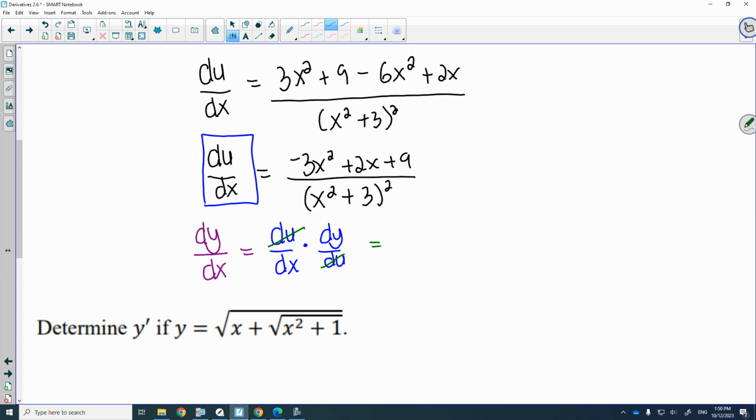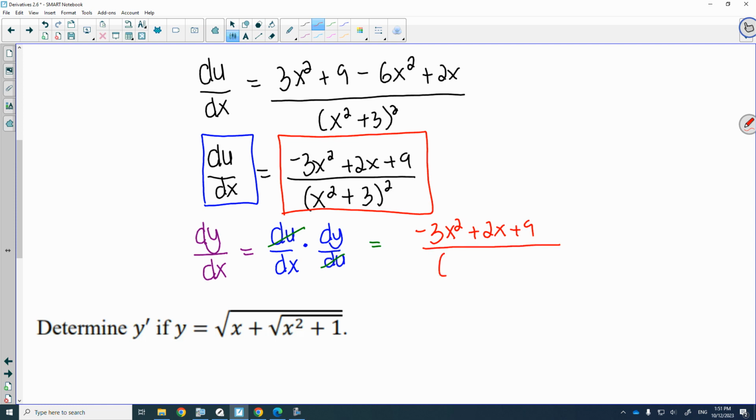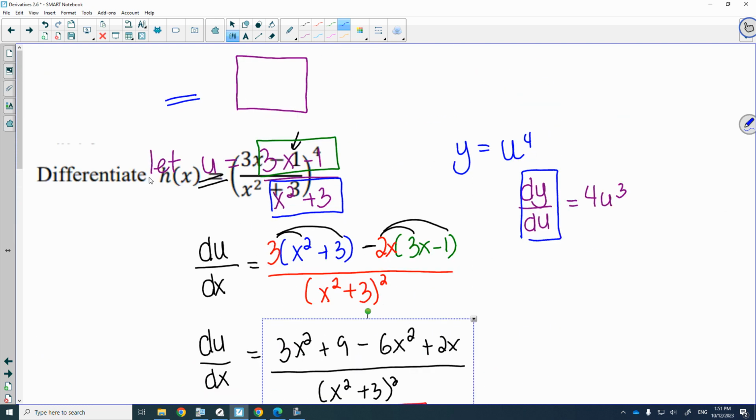So the derivative is always going to be, when you're doing u substitution, the two functions multiplied together. So it's going to be negative 3x squared plus 2x plus 9 all over x squared plus 3 squared, multiplied by 4u cubed.